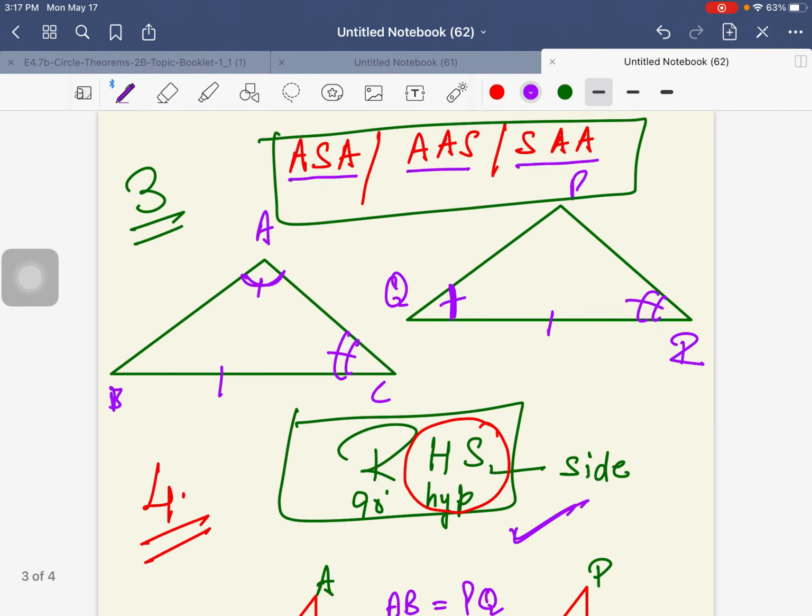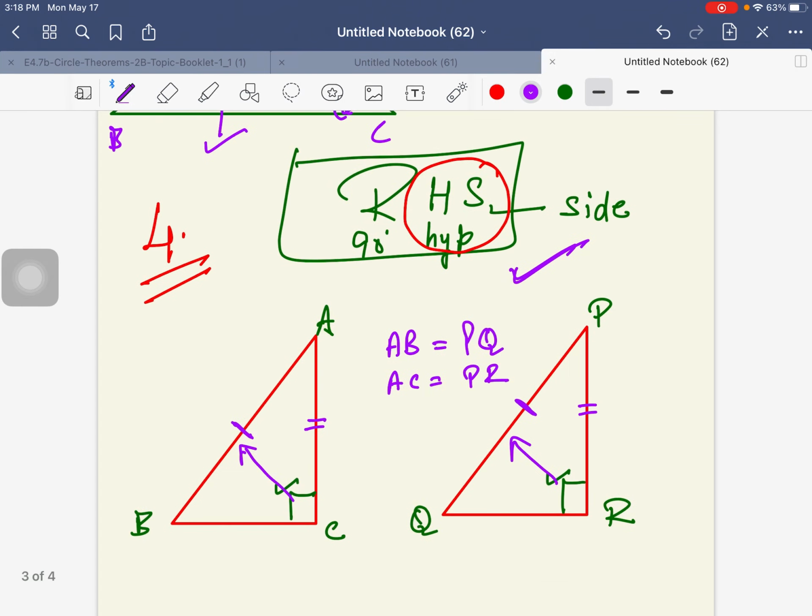Rule number 3 is angle side angle or angle angle side. In this case, if two angles are equal and one of the side also equal, that side could be between equal angles or out of equal angles. If one pair of side equal and two pair of angles equal, we call this as angle side angle criteria.